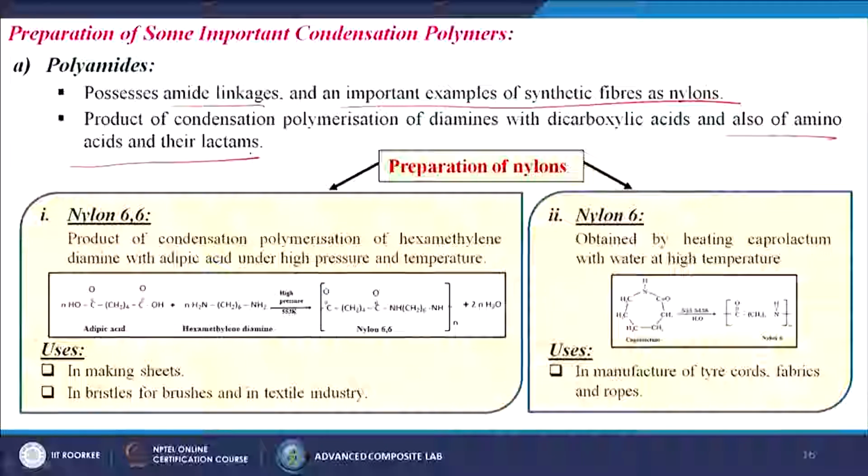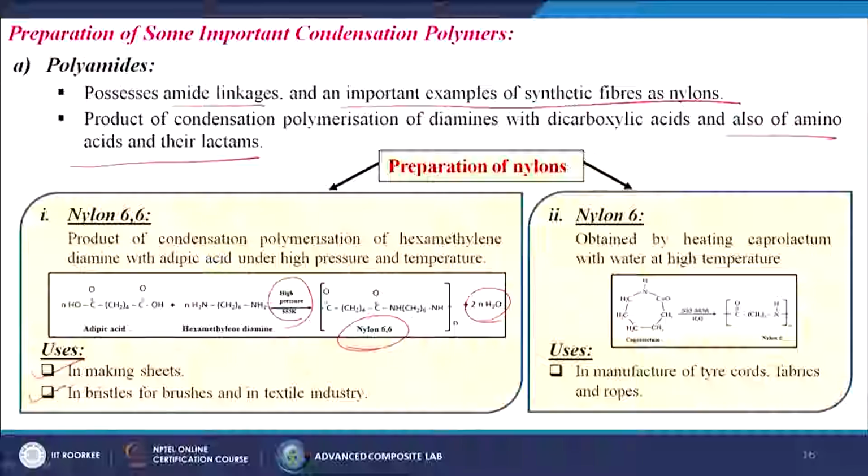It is the product of condensation polymerization of hexamethylene diamine with adipic acid under high pressure at a temperature of almost 553 Kelvin. H2O, water, is also generated. What are the uses? In making sheets, in bristles for brushes, and in the textile industry.